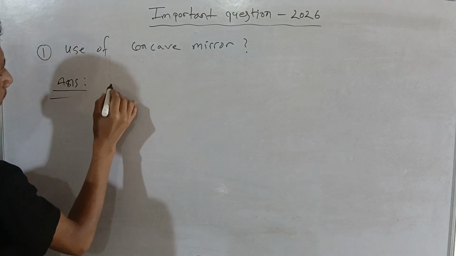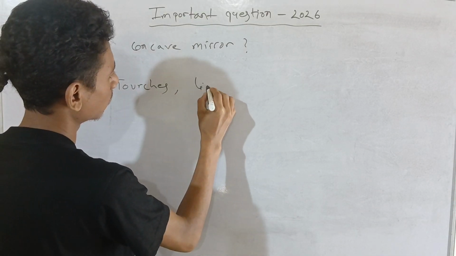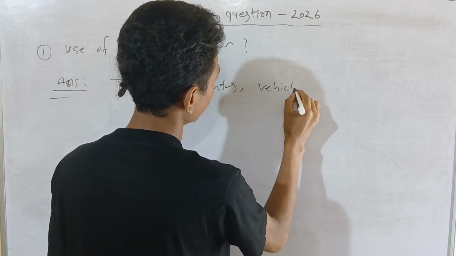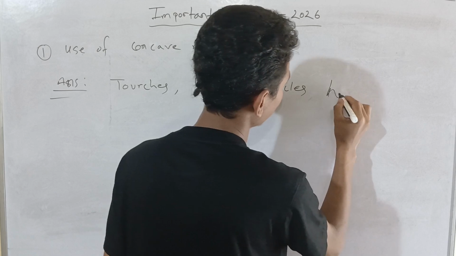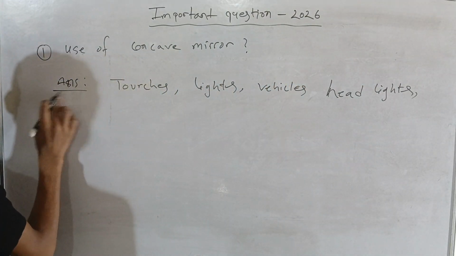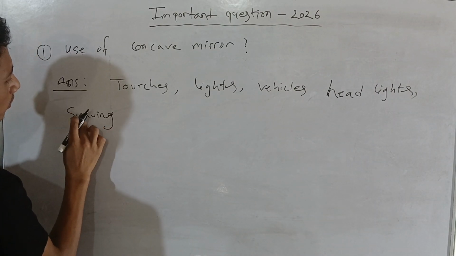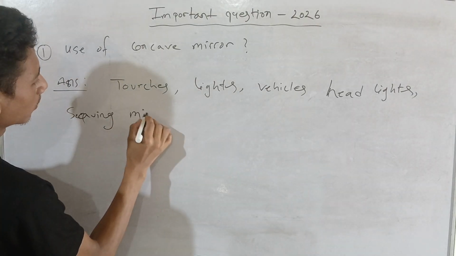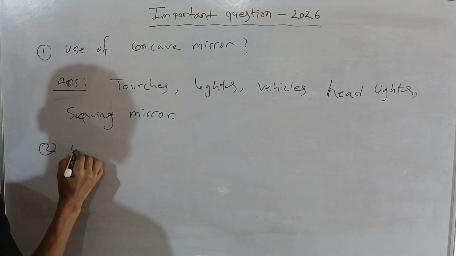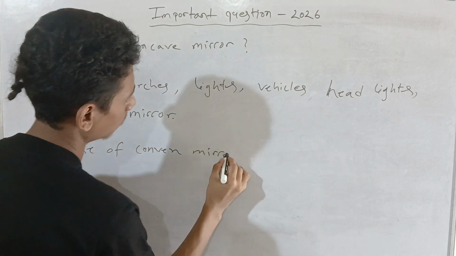Torch lights, vehicle headlights, and shaving mirror. Okay, these are the uses of a concave mirror. Second, the use of a convex mirror.